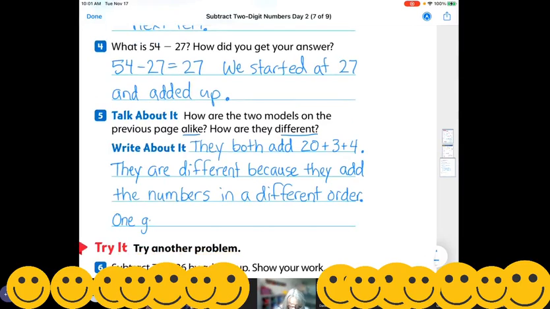One goes to the next 10 first. The other adds 10s first.